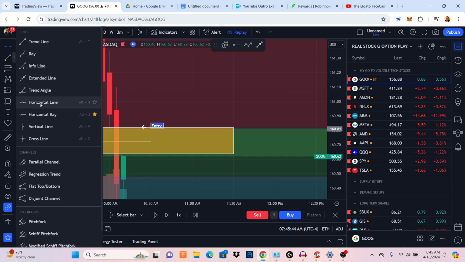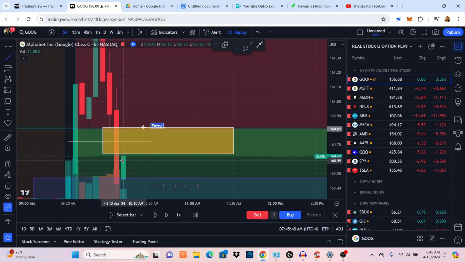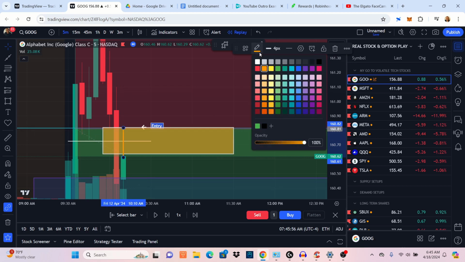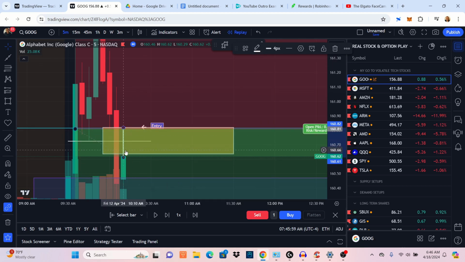Should be an extended line. It needs to fill that gap, kind of like so. In order for price to be balanced, it needs to do something like that. If it doesn't, then that is a gap that the market will do its best to fill before continuing in its intended direction, which in my assumption at the time of the trade is bearish.